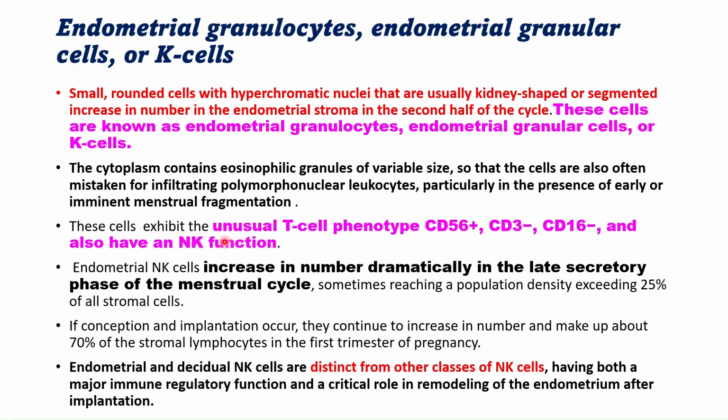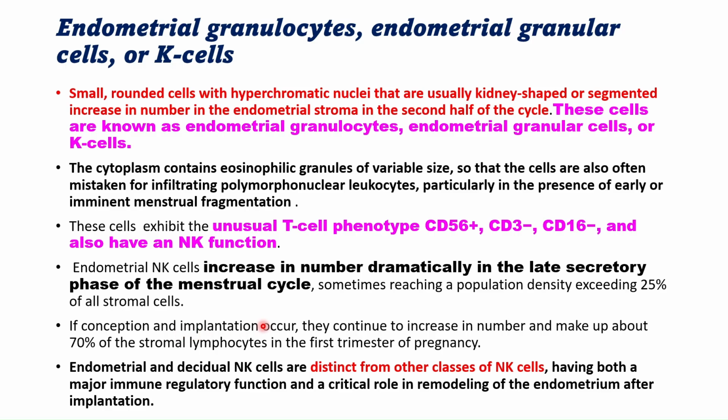This cell exhibits the unusual phenotype CD56 positive, CD3 negative, CD16 negative, and also has natural killer cell function. These are called endometrial natural killer cells. They increase in number dramatically in the late secretory phase of the menstrual cycle, sometimes reaching a population density exceeding 25% of all stromal cells.